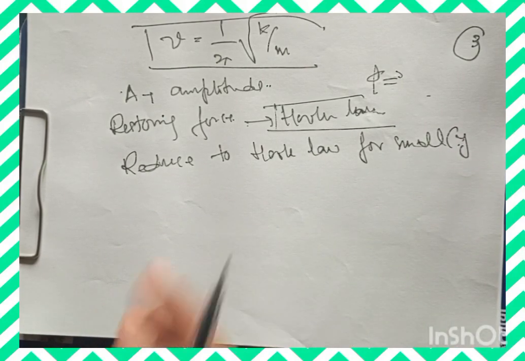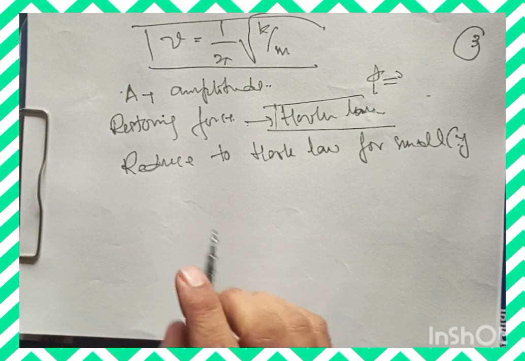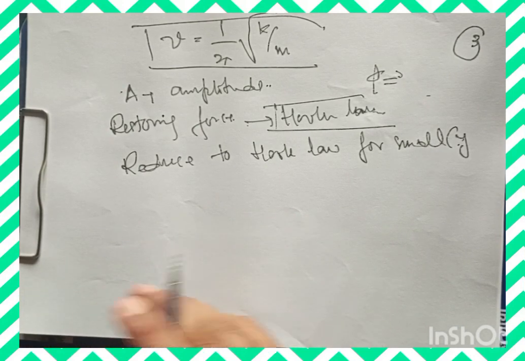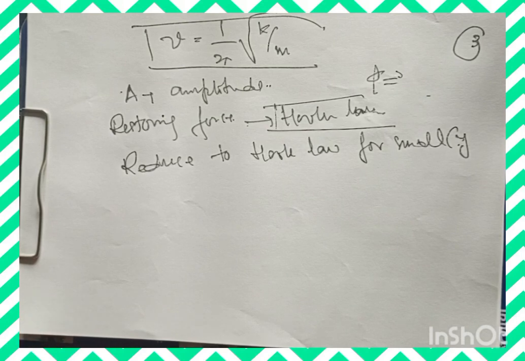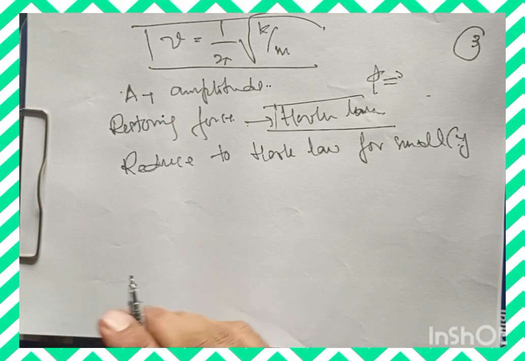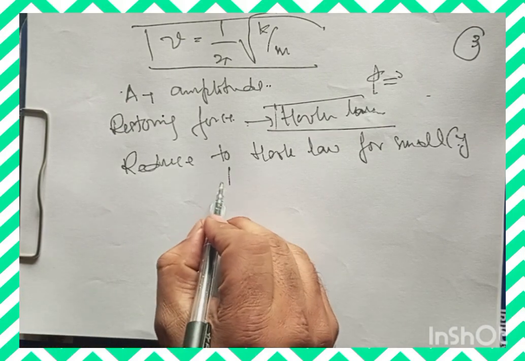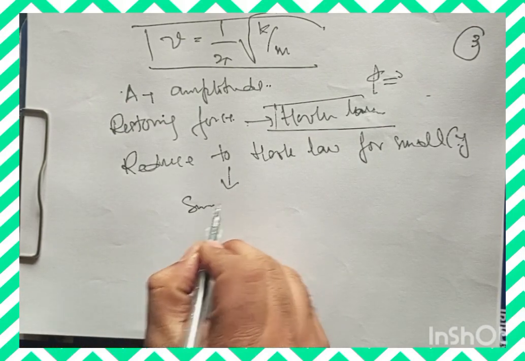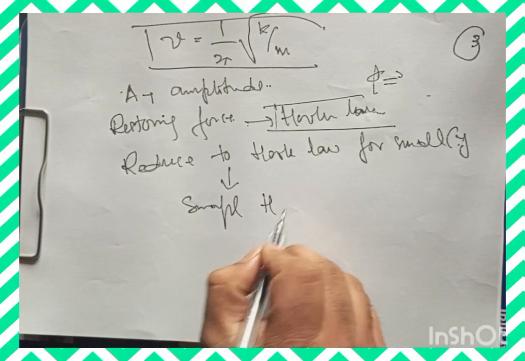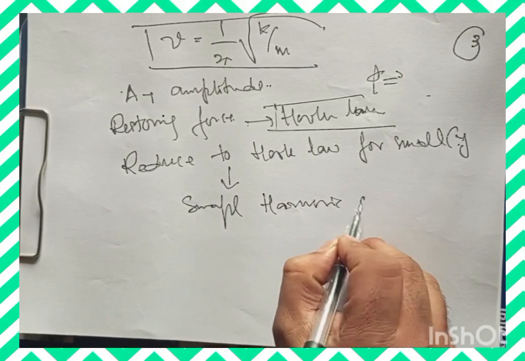And as a result of this, any system in which something oscillates or executes small oscillations, small vibrations about their mean positions, certainly behaves very much like simple harmonic oscillators.